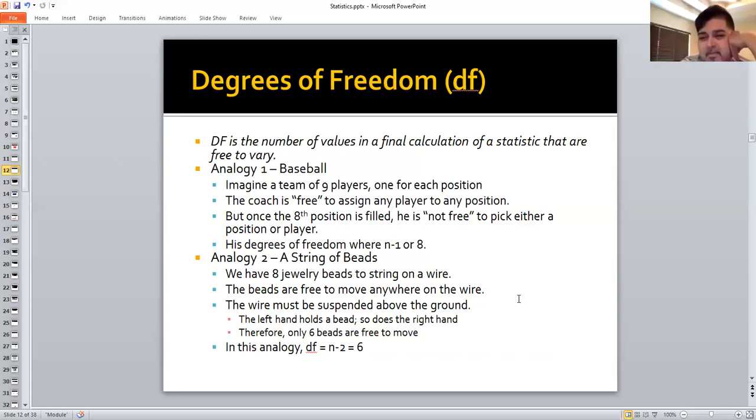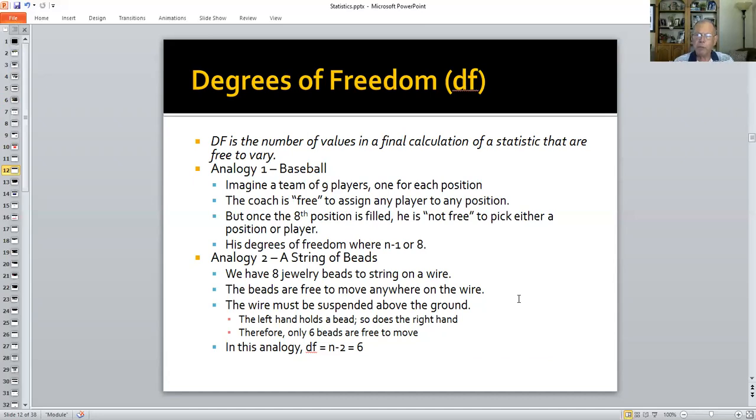It's better understood by illustration. Suppose we are talking baseball. We've got 9 players. There are 9 positions they can occupy. And we have a coach. Now, let's say we're not worried about their particular skill, the coach can assign any player to any position. He wouldn't do that, but he could. He's the coach. So he can tell the pitcher, you go play shortstop or whatever. The coach is free to assign any player.